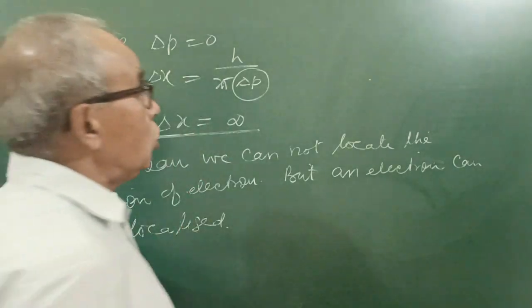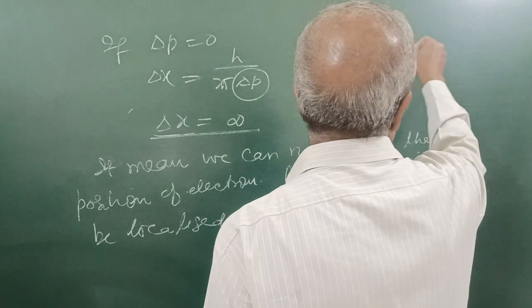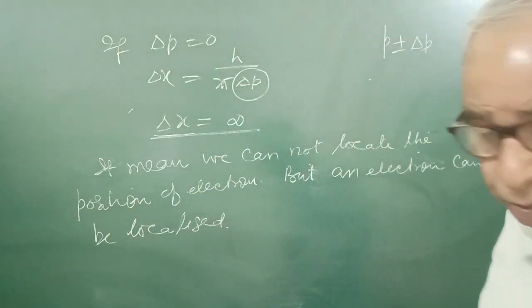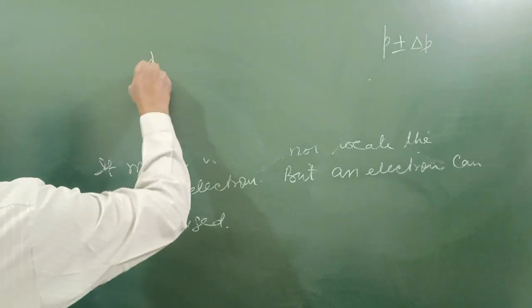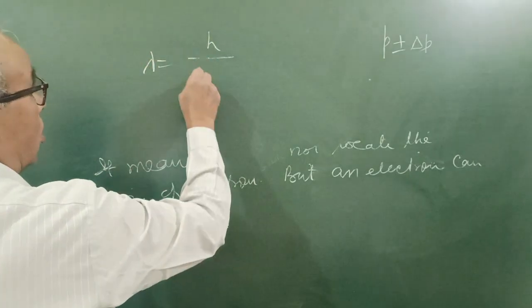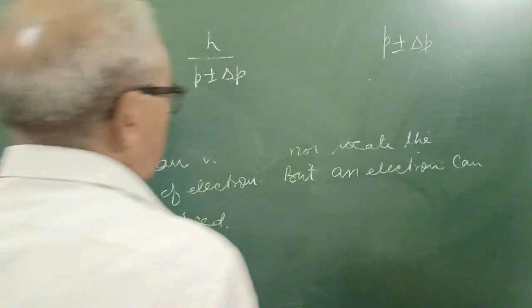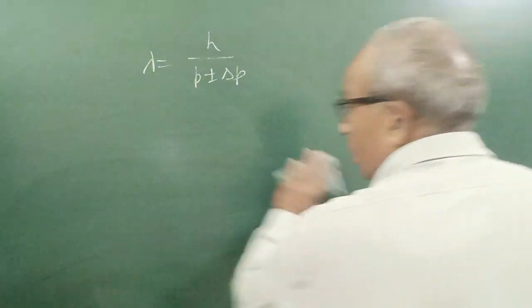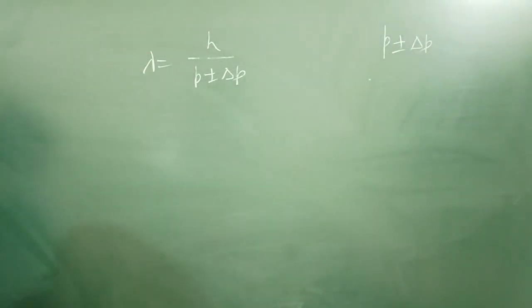So delta P is not zero, so P has a spread of P plus minus delta P, and therefore the de Broglie wavelength is not a single wave: lambda is equal to h upon P plus minus delta P. यानी कि the de Broglie wavelength of an electron or any other particle is not a single wave.